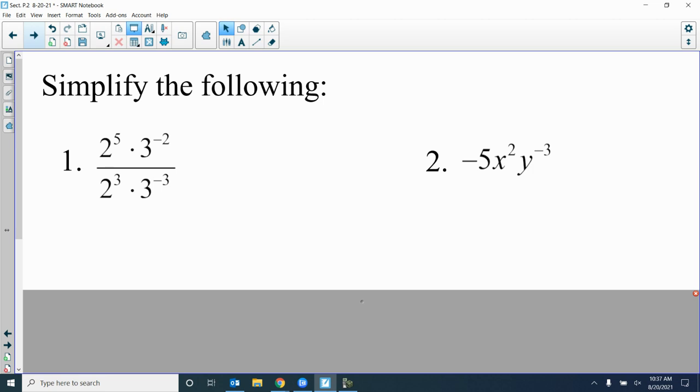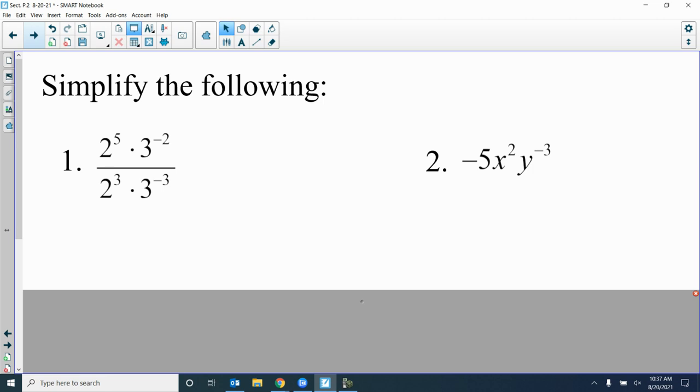All right, constants to a power. We're going to use our rules, and then in the end, we're going to multiply anything we can or take any power we can. So go ahead, you got 2 to the fifth times 3 to the negative second over 2 cubed times 3 to the negative third. The rules apply whether the base is a constant or it's a variable.